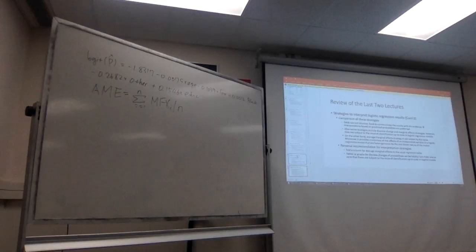They're only identified up to scale. They are divided by an unknown scale factor. Does that make sense? So you cannot make substantive claims about it. Okay, good.